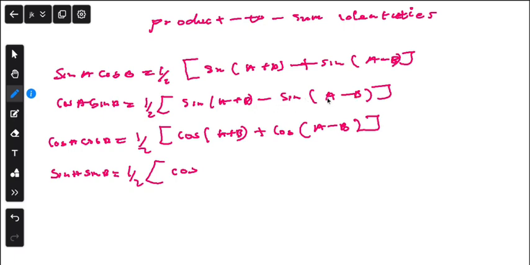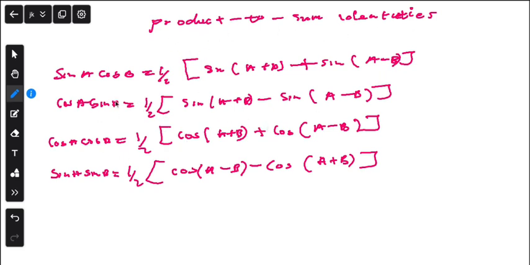So here we have a minus b, so even here we are going to have a minus b. Here we have a minus, so even here we are going to have a minus. Here we have cosine, here we are going to have cos. Here we have a plus b, even here we are going to have a plus b. So it is just the reverse. So these are the 4 identities that you need to know for product to sum identities.